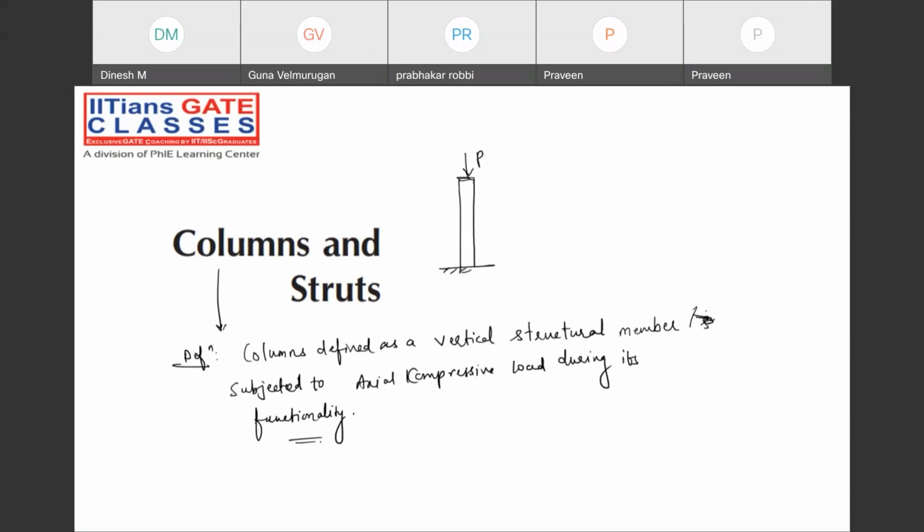Very, very important. So we basically have 3 types of column: long column, short column, and then we have medium column.